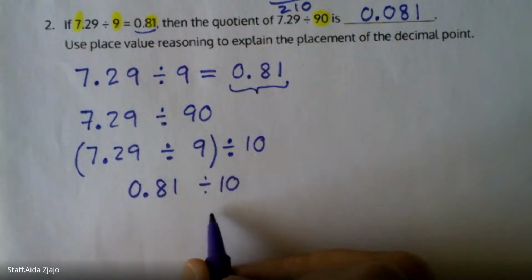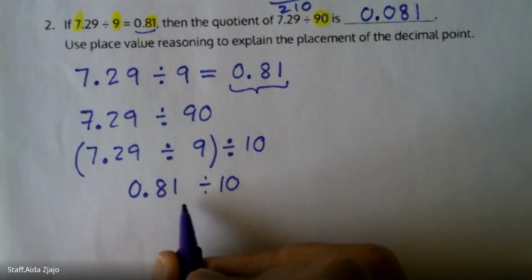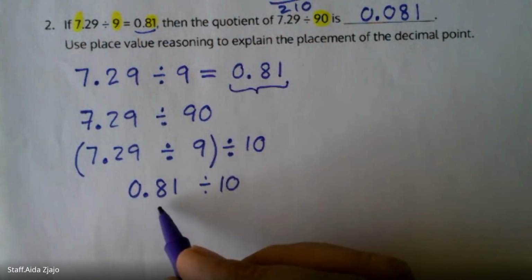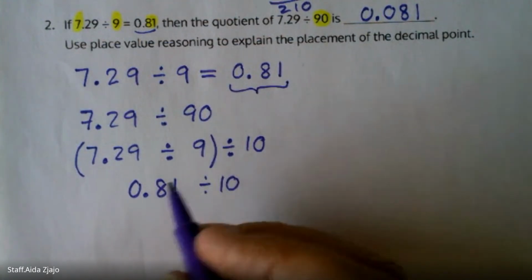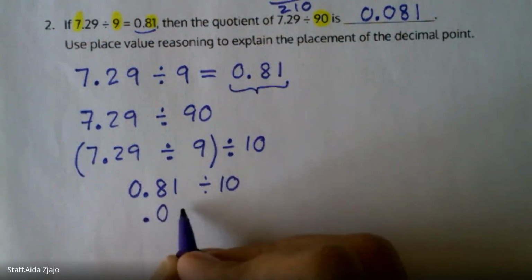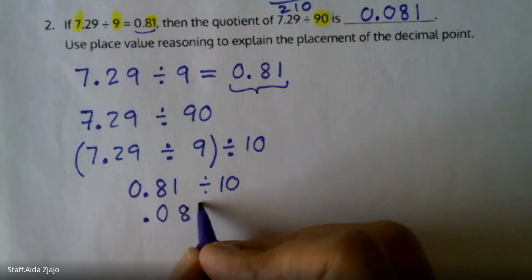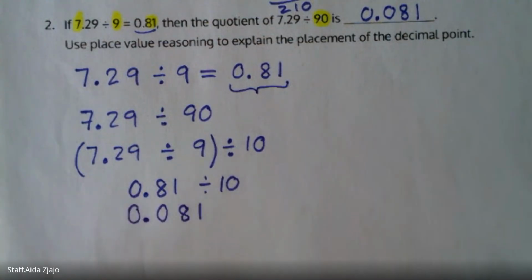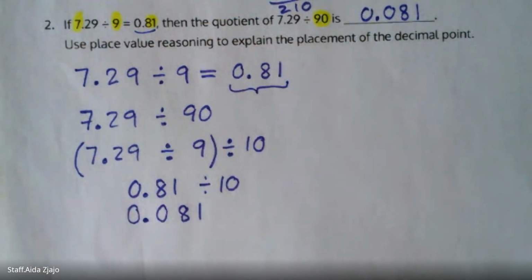It's going to move one place value. So it's going to be 0.081, and that is the explanation for this one.